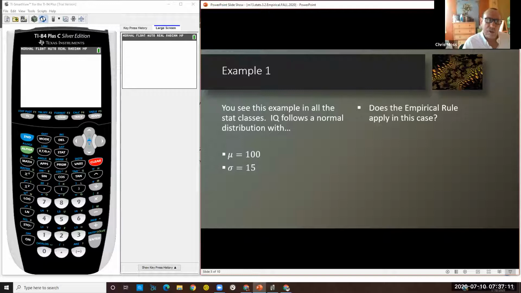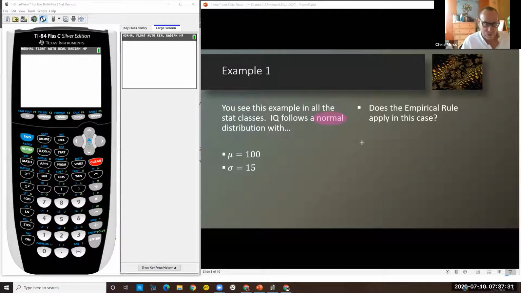Since the IQ follows a normal distribution, let me just note normal distribution right there. So that's the word I'm looking for that lets me know that I can apply the empirical rule. All those statements about the percentages of points within those standard deviations, that all applies because of that little word, normal.